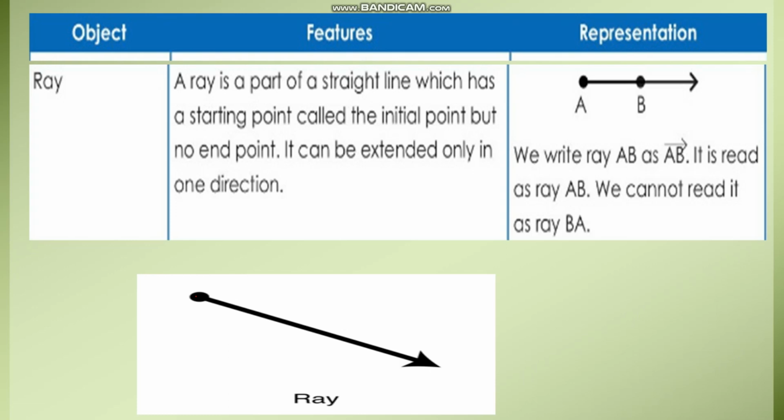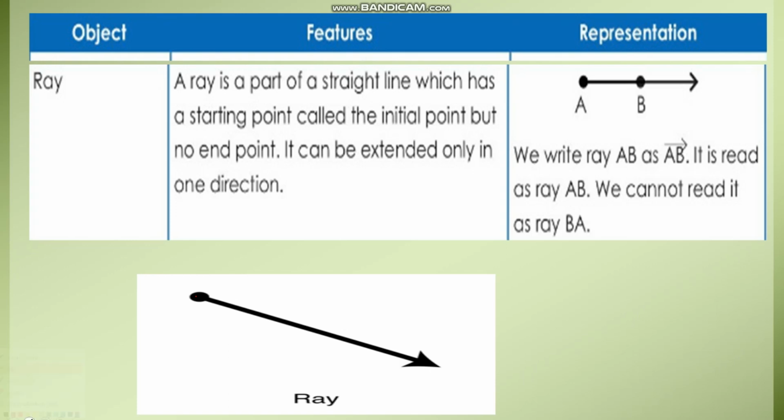It has the starting point but it has no end point. Got it, children? It can be extended only in one direction. We cannot extend this on the other side. So this is called the ray.